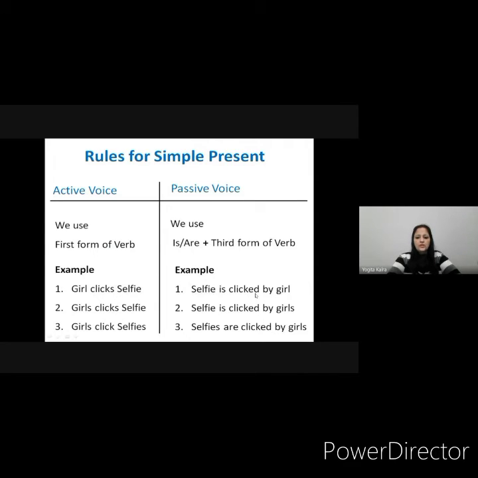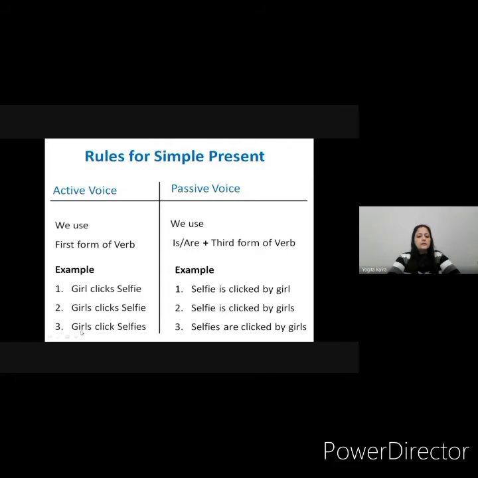We have used is according to the selfie. Now this is an object, selfie is one, so we have used: selfie is clicked by the girl. Girls click selfie, so it will become: selfie is clicked by girls.